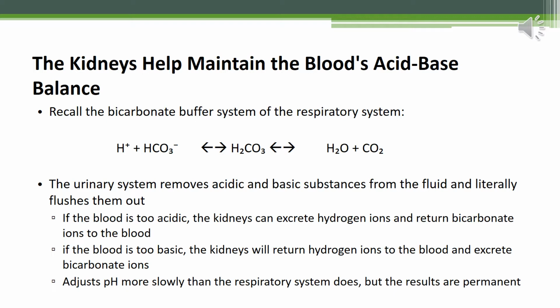So if the blood is too acidic, the kidneys can excrete hydrogen ions and return bicarbonate ions to the blood to maintain our pH. And if the blood is too basic, the kidneys will return hydrogen ions to the blood and excrete bicarbonate ions. This is a slower pH adjustment than what is done in the respiratory system, but the results are permanent.